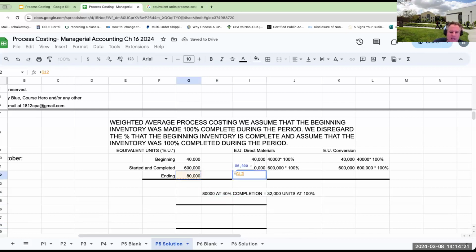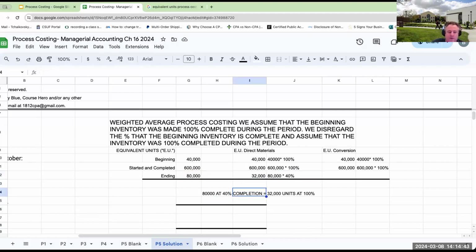By taking 80 times 0.4, I get 32. This is 80,000 at 40% or 32,000 at 100%. By using this, I can now compare this number. These numbers are now comparable.